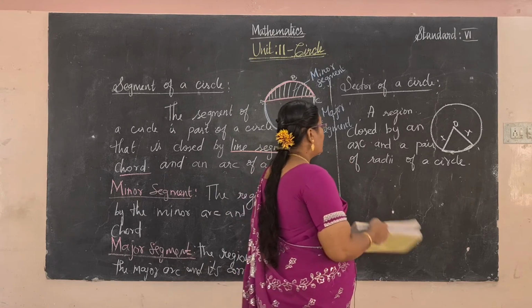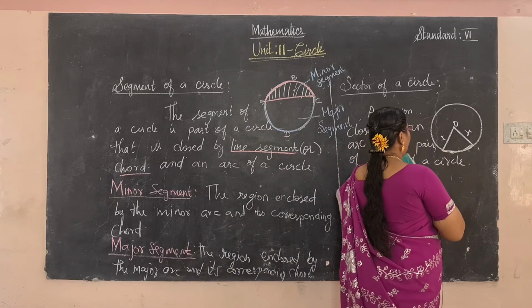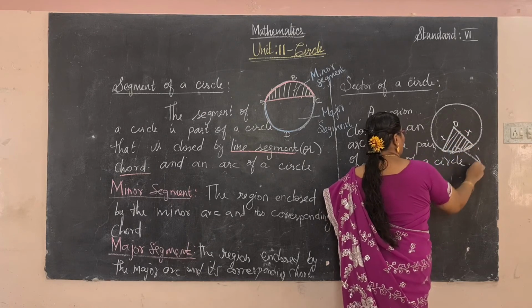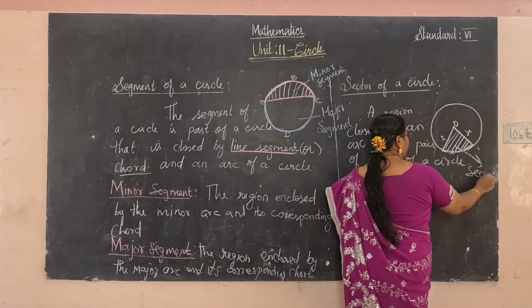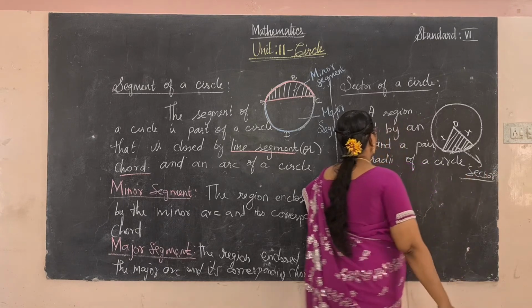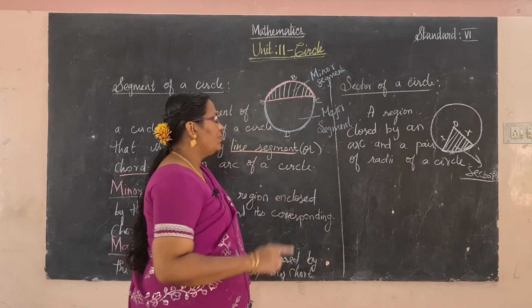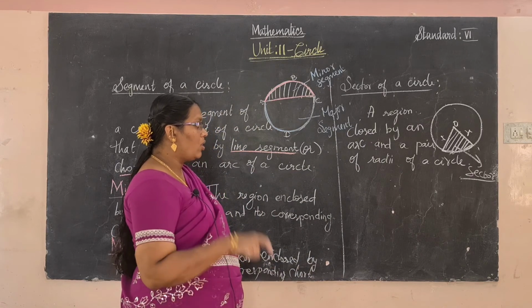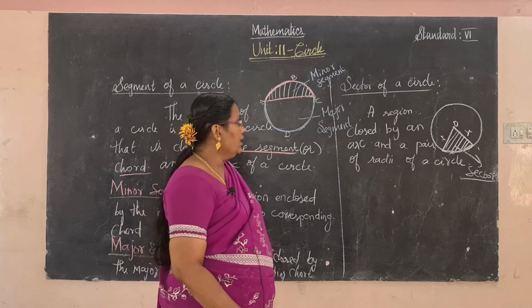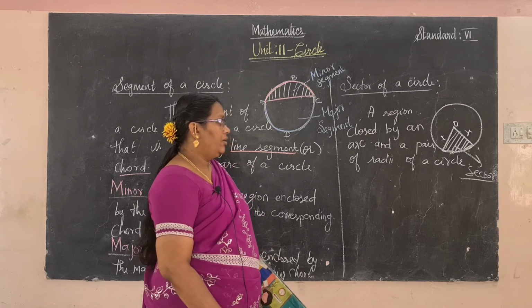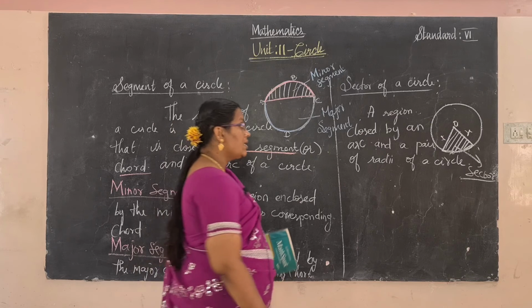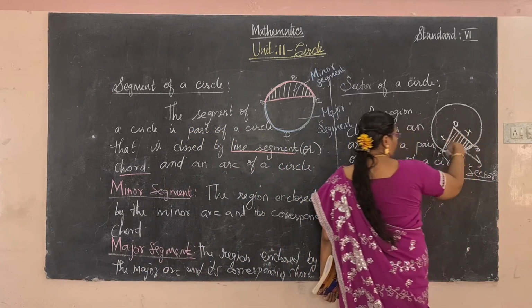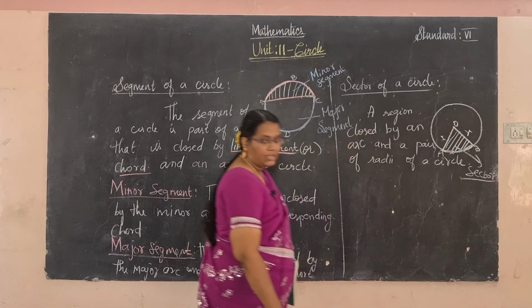One of the regions here is called the sector. A region closed by an arc and a pair of radii of a circle is called the sector of the circle. Here the sector is OAB.